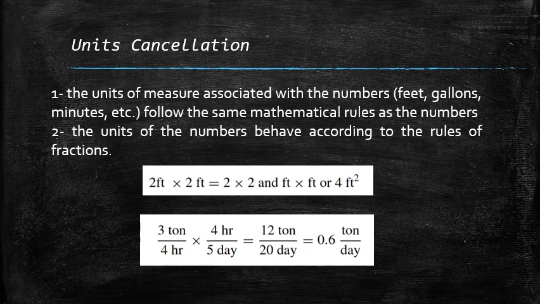So if we have 2 feet times 2 feet, we will multiply 2 times 2. As we said, the units follow the same mathematical rules as numbers, so feet will be multiplied by feet also. So 2 times 2 would be 4, or 2 square. Feet times feet, feet square.